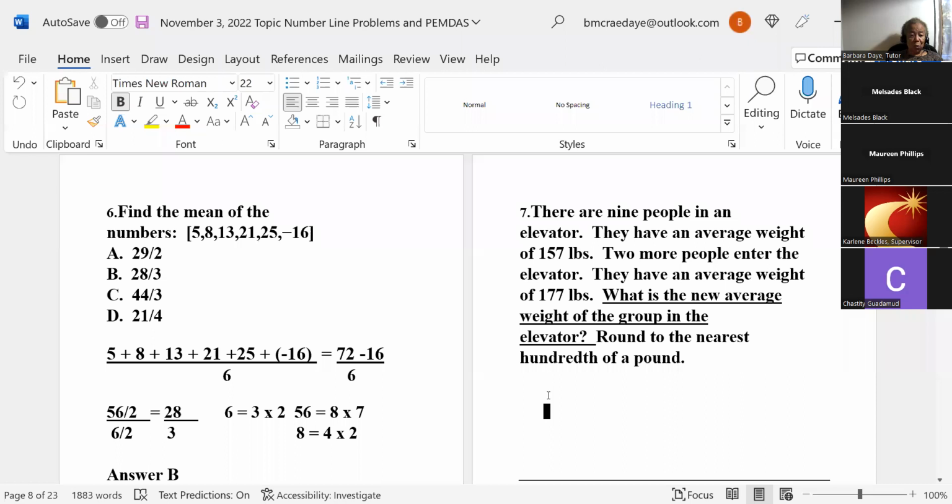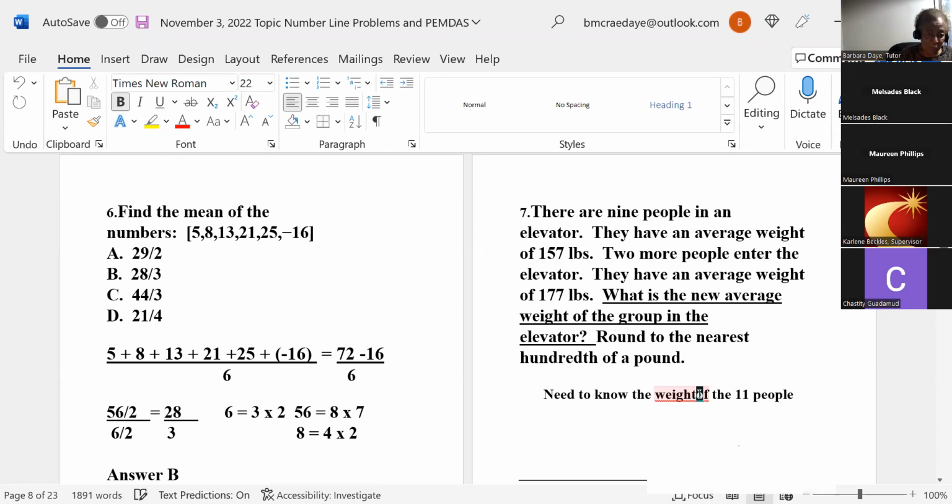We need to know the weight of 11 people, so we can divide it by 11. You understand what I'm saying? Here's what we need to know: the weight of the 11 people.